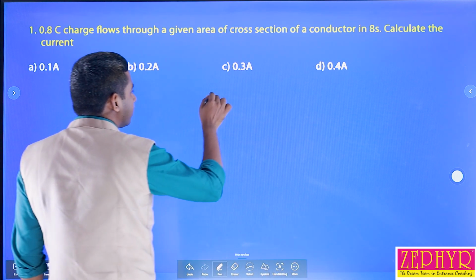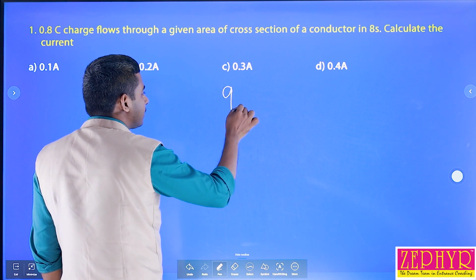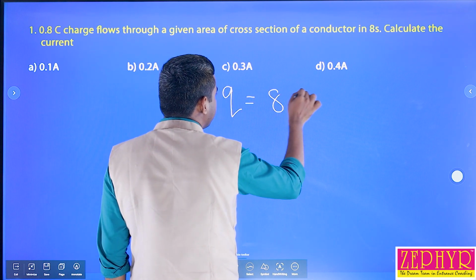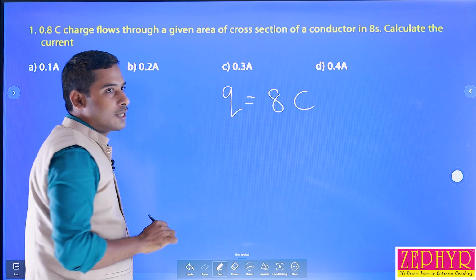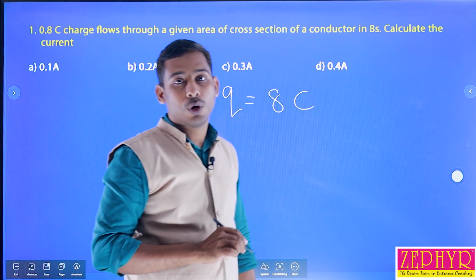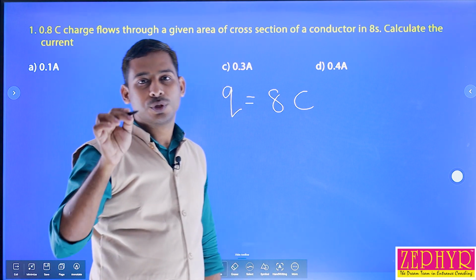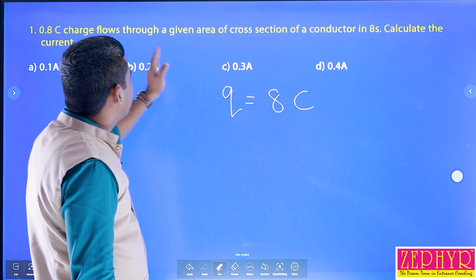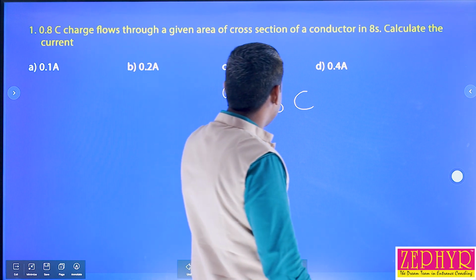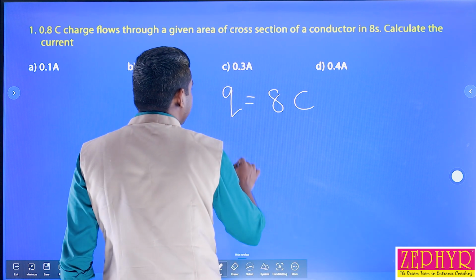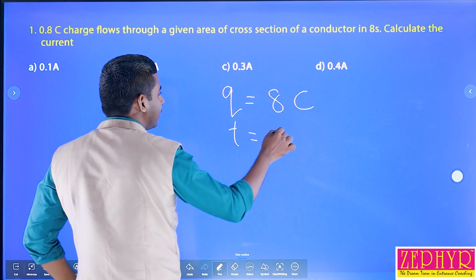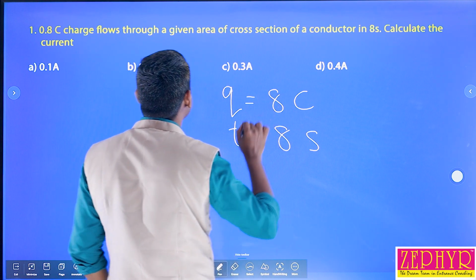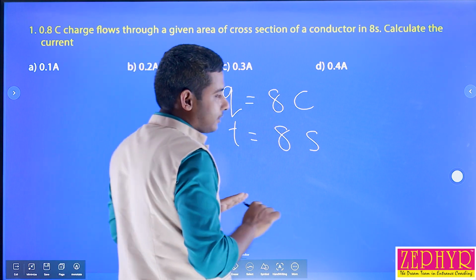My dear students, charge we can represent by the letter Q, that is Q equal to 0.8 coulomb, the SI unit of charge. Then through a given area of cross section of a conductor in 8 seconds, that is T equal to 8 seconds, calculate the current.